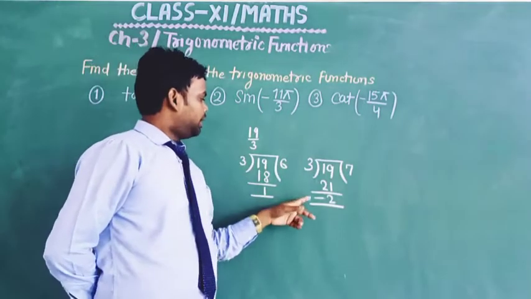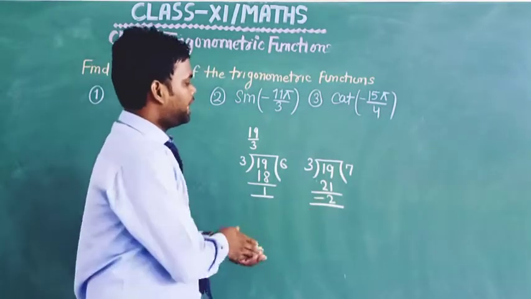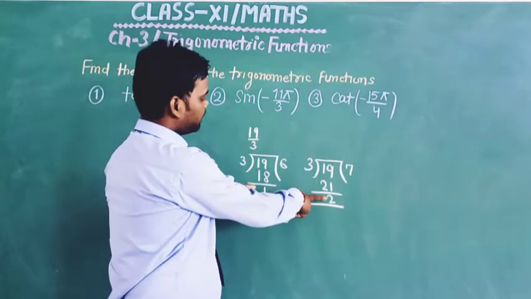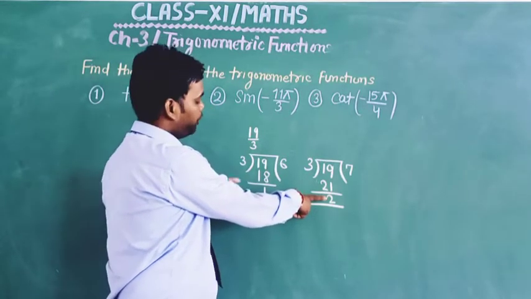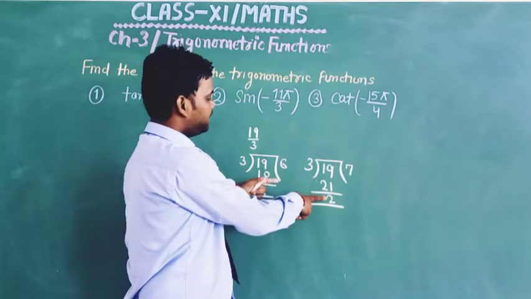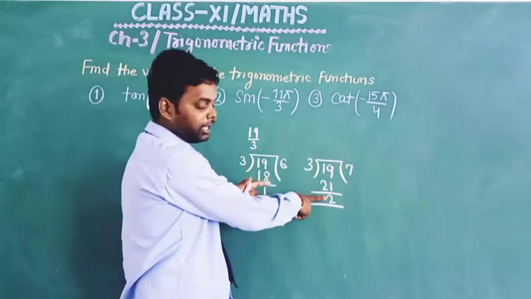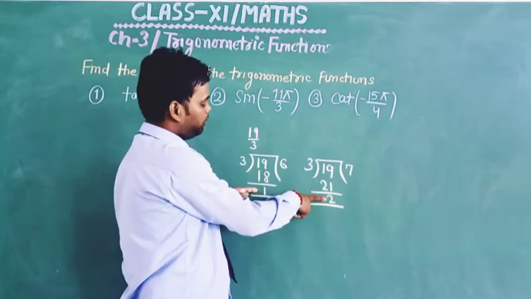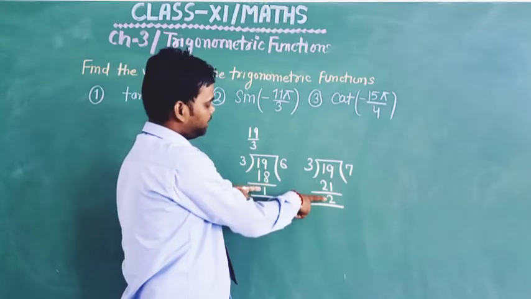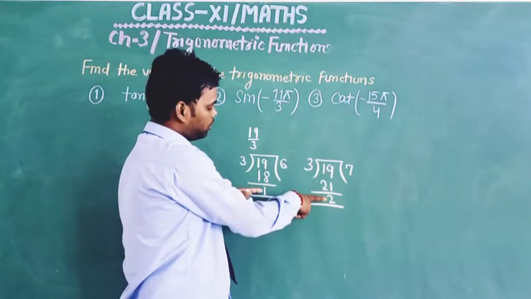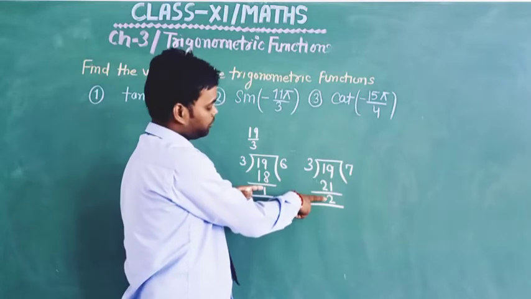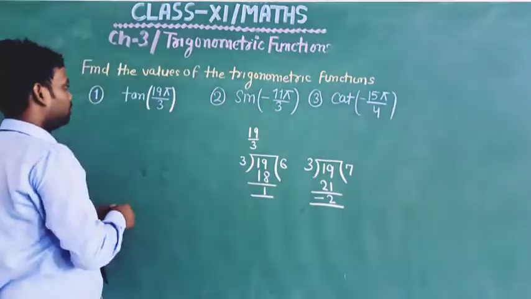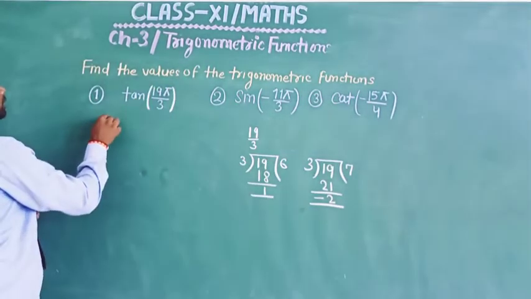Here hide the minus sign and compare the remainders, and see which remainder is less. After hiding the negative sign, we compare, so 1 is less.